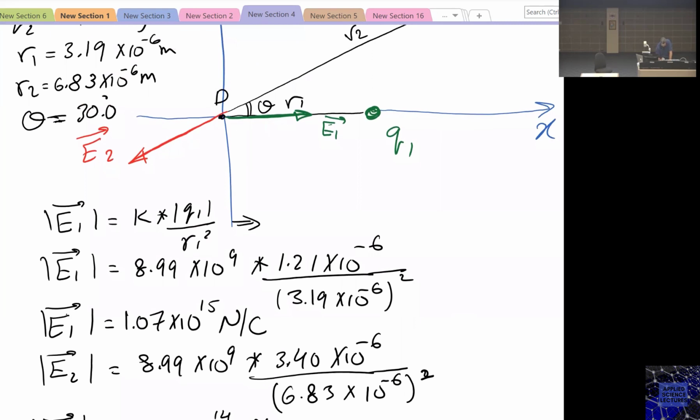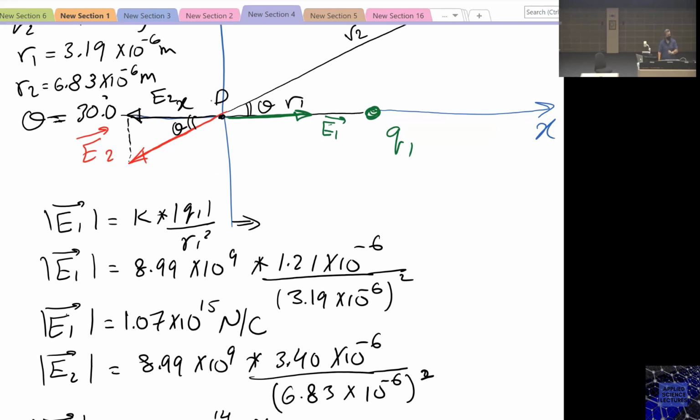E2x indeed is pointing in the negative direction. So this is E2x. So it is minus E2 cosine theta. Right away I know that when I substitute it later on, E2x will be substituted as a negative.